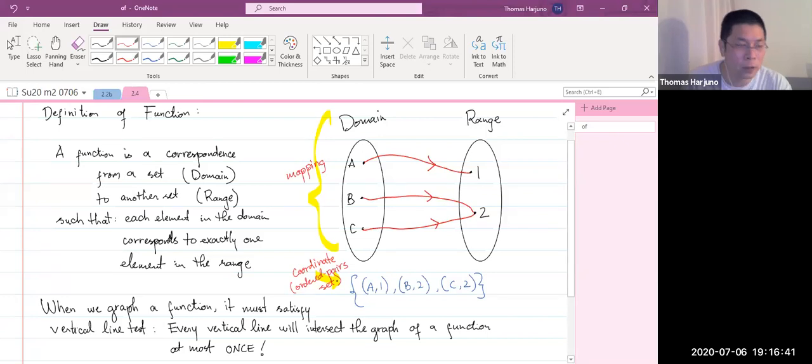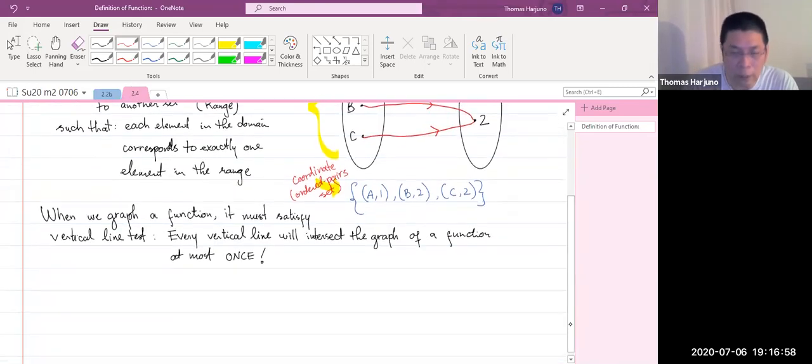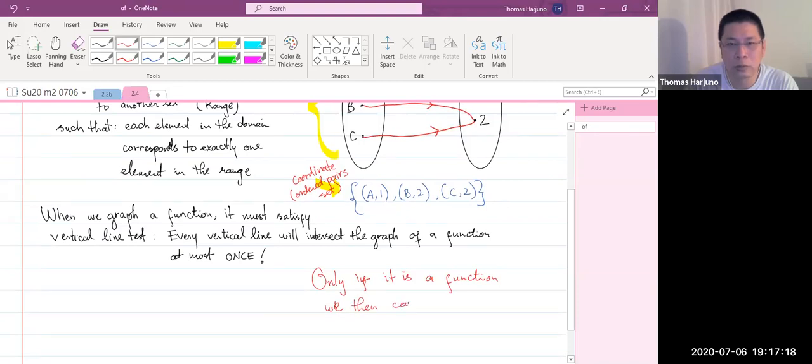Even if the correspondence is not a function, we can still use either mapping or an ordered pair set to describe the relation. But only if it is a function can we then use f(x) notation.